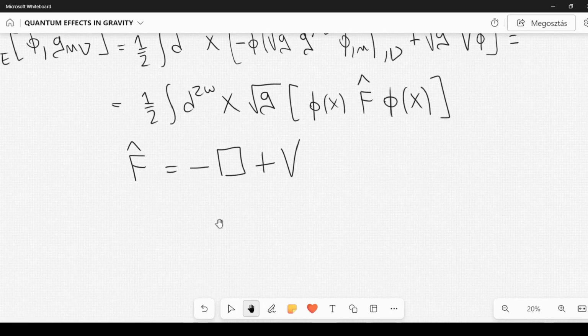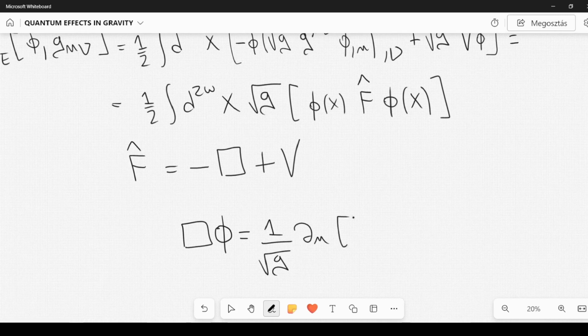And the covariant D'Alembert operator acting on a field is given by 1 over the square root of g, ∂_μ square root of g g^{μν} ∂_ν φ.